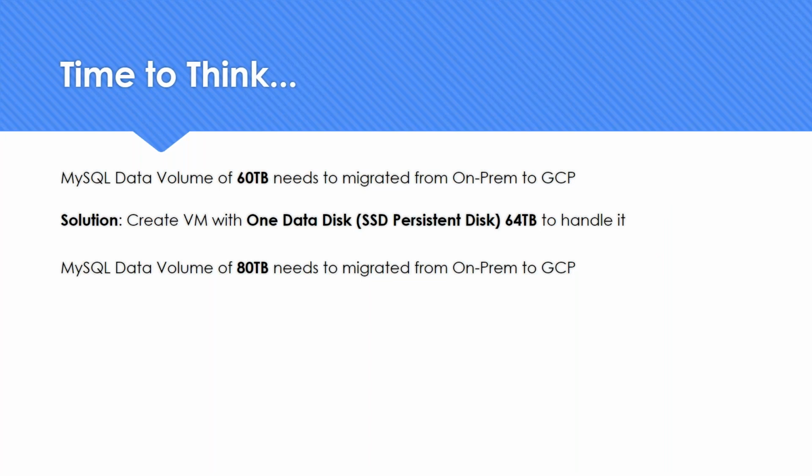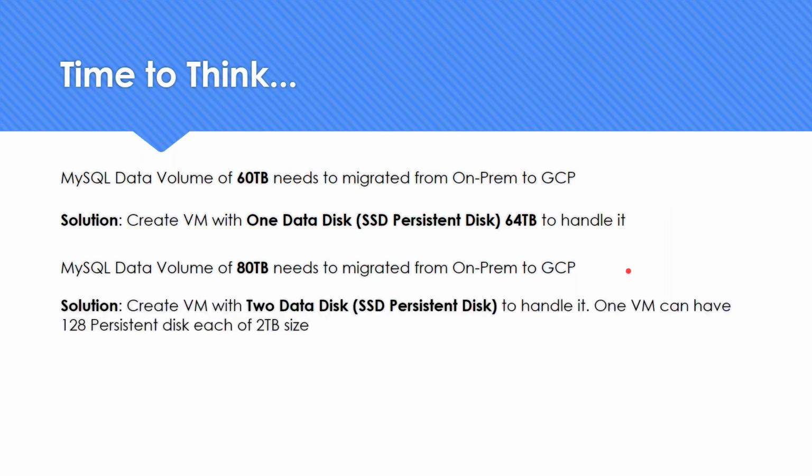So what you can do basically here is, create two disks to handle it if you want. And to be very frank, instead of two disks, looking at the documentation, maybe even 60 terabytes, what we saw in reality, could be a little tricky.